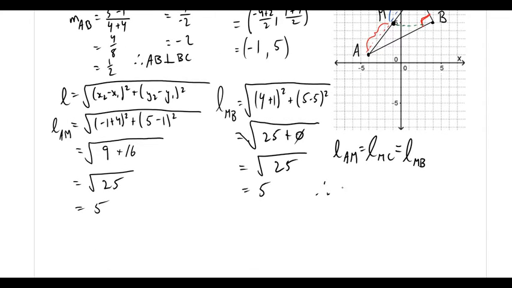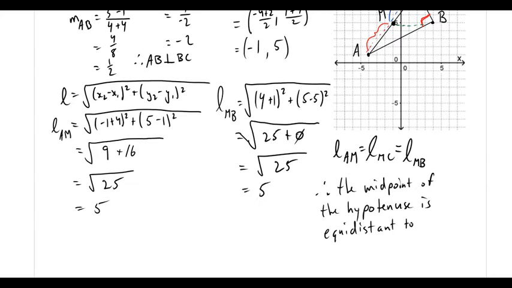Therefore, the midpoint of the hypotenuse is equidistant to all three vertices.